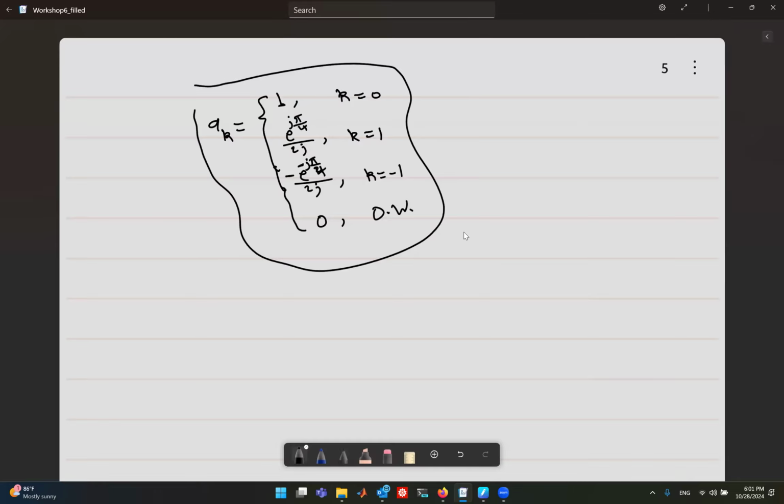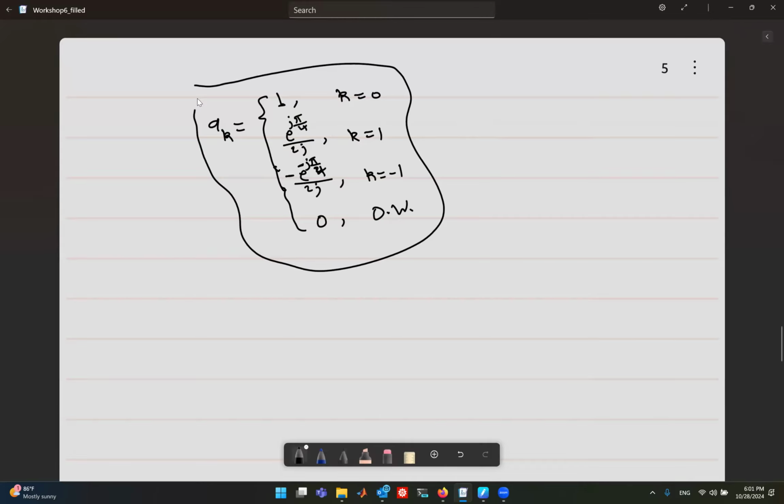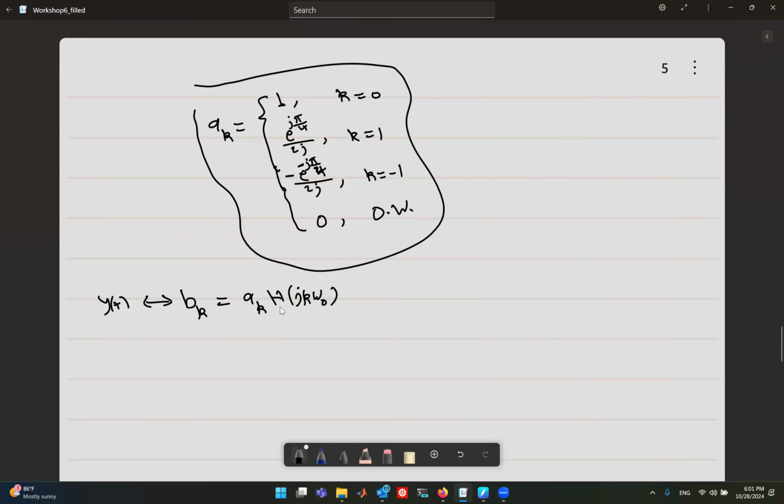We'll do the same thing as we did in the previous example to find, let's say, the bk, the coefficients of the output. The output y(t) has those coefficients, which are given by a_k H(jk omega naught), right? So now we have a_k, we need to evaluate H, the frequency response of the system, at k omega naught.